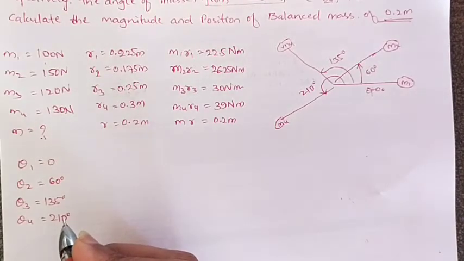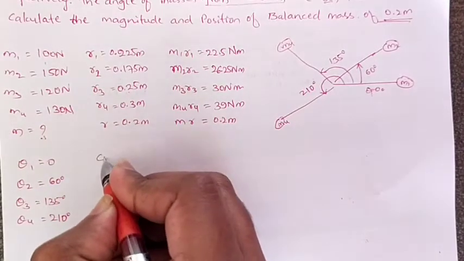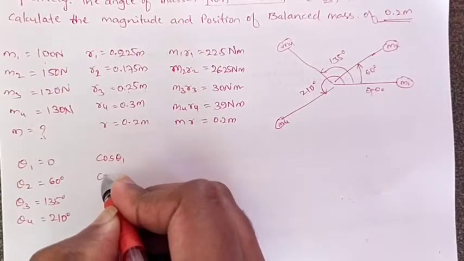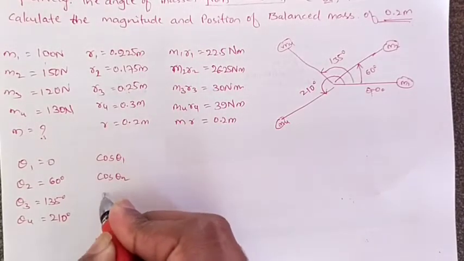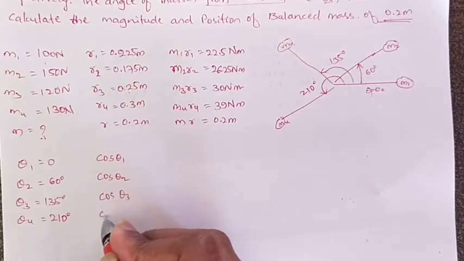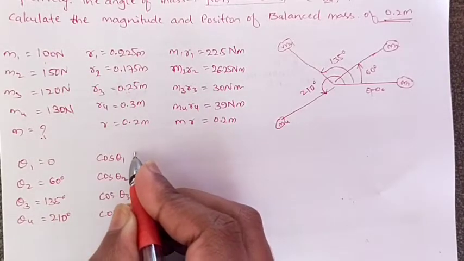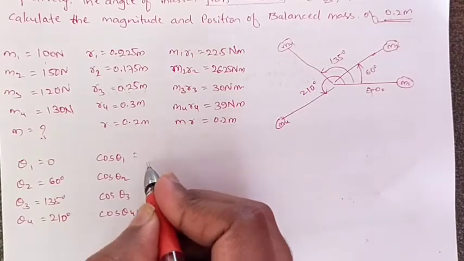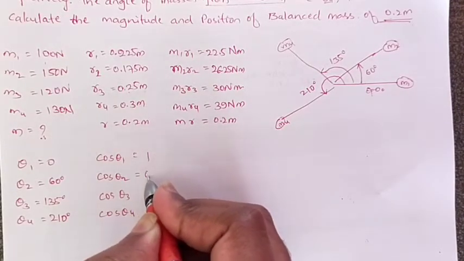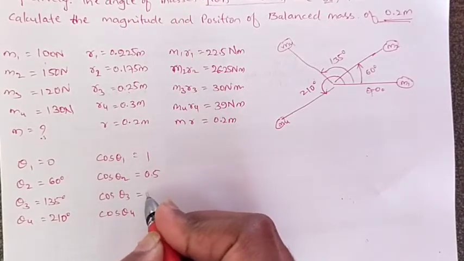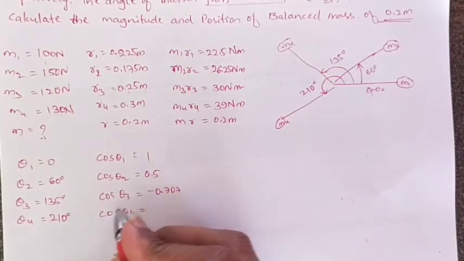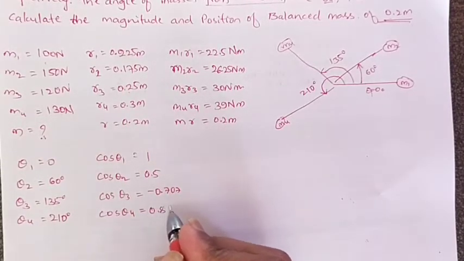Now we need to find the cos of these values. Cos of 0, you will get 1. Cos of 60, you will get 0.5. Cos of theta 3, you will get minus 0.707. Cos of 210 degree is minus 0.866.